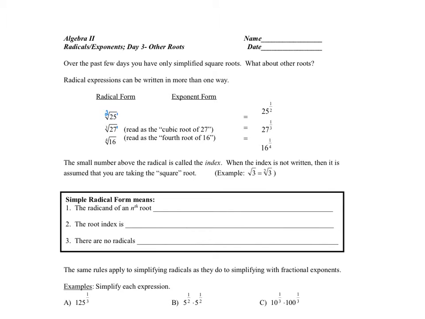Now let's look to see what it means to be in simplified radical form. So the radicand, which is the number that lives underneath the radical, of an nth root is as small as possible when it's simplified. And you all know how to do that so far, right?